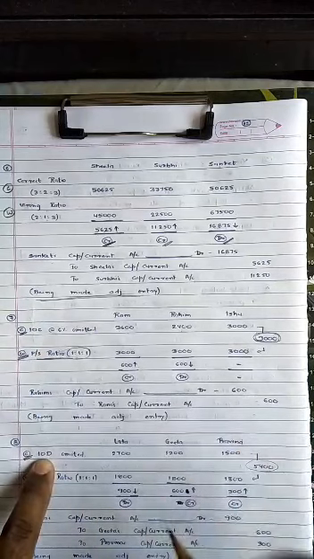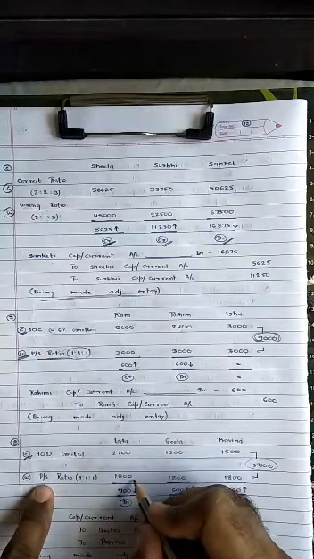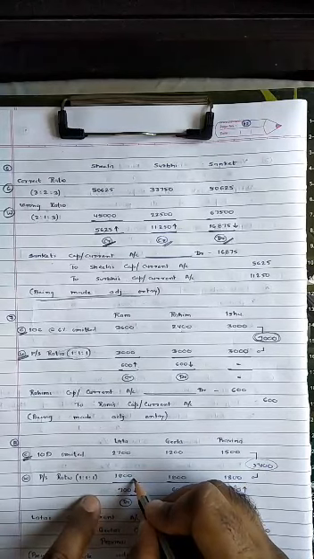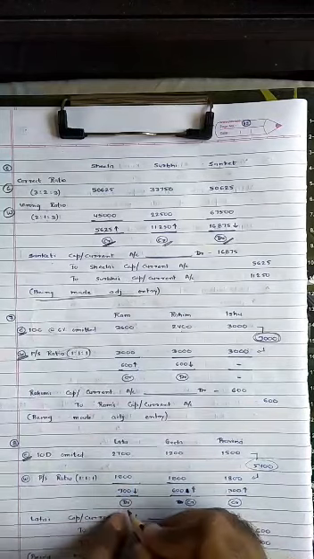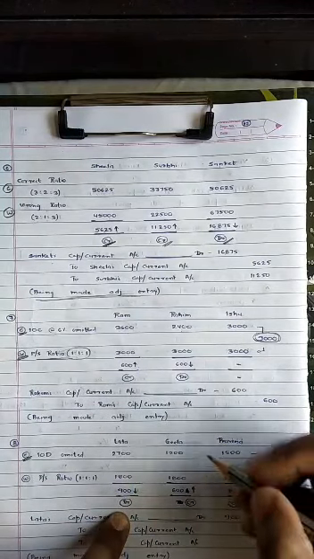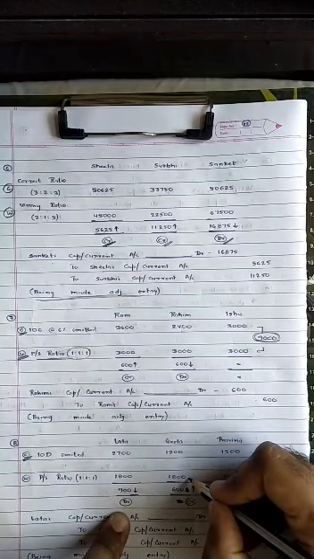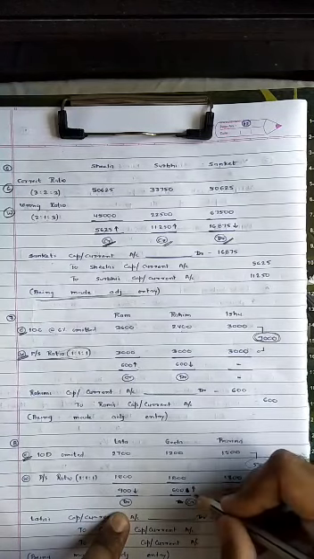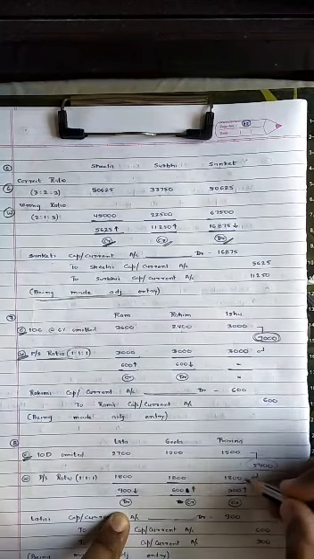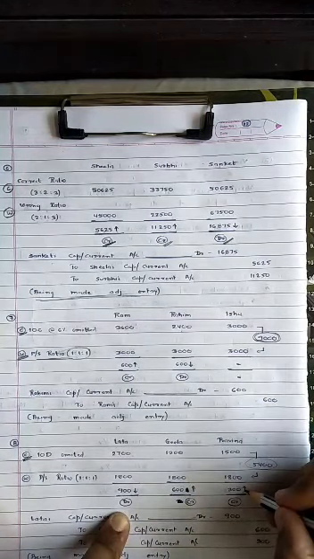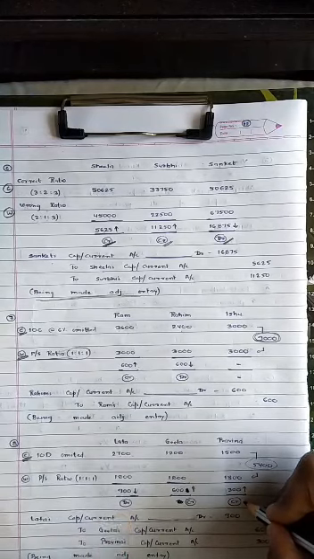So if Lata was supposed to pay 2,700 but wrongly she paid 1,800, means she paid 900 in excess, so her account has to be debited. Same way, Geeta was supposed to pay 1,200 but wrongly paid 1,800, means she has paid 600 in excess, so her account has to be credited. Same way, Pravina was supposed to pay 1,500 but wrongly paid 1,800, 300 paid in excess, so her account is also to be credited. And again entry would be the same way.